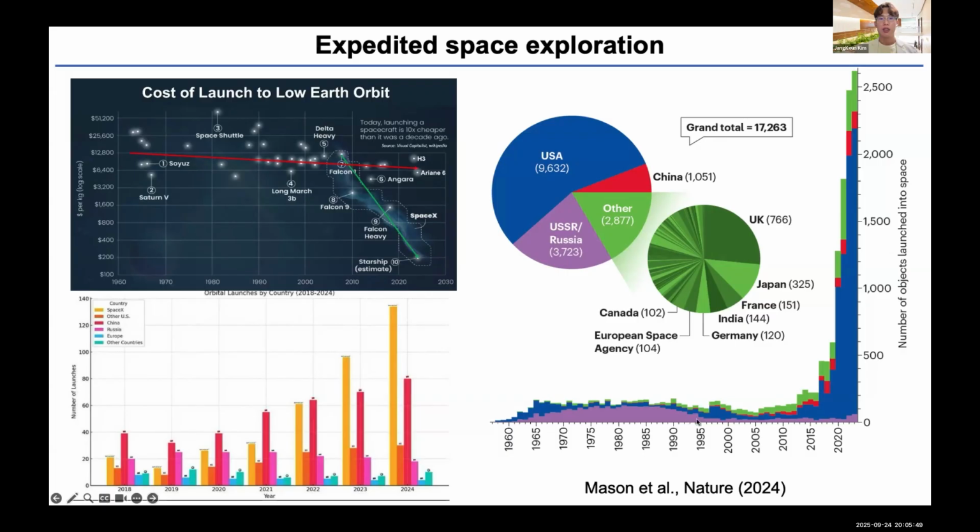After that, the activity slowed down. And after around 2020, there is a rapid increase in the number of objects launched, mainly driven by the huge decrease in the cost of launch to low Earth orbit, driven by SpaceX.